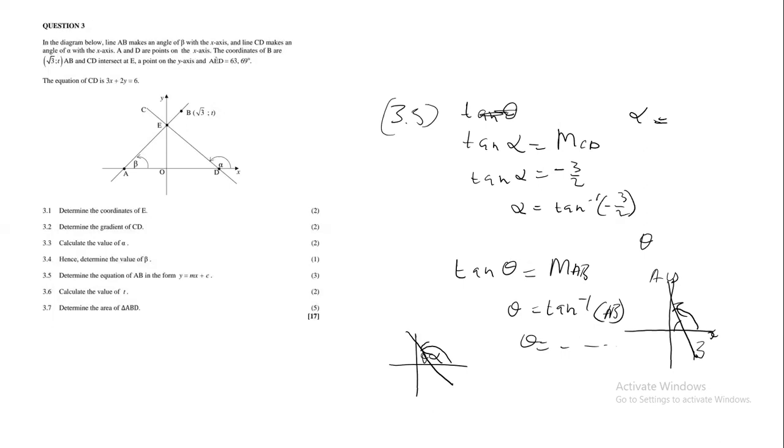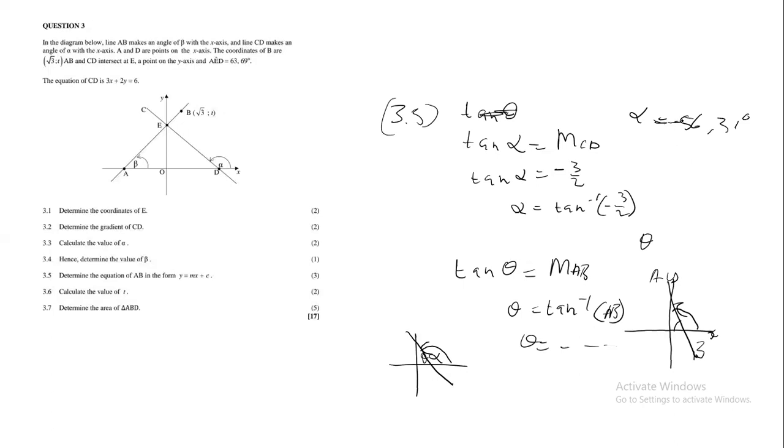My calculator is in radians. So let me switch to degrees. So I'm going to press shift, second function, negative 3 over 2, and then I get negative 56,31 degrees to 2 decimal places, okay? I get negative 56,31 degrees.